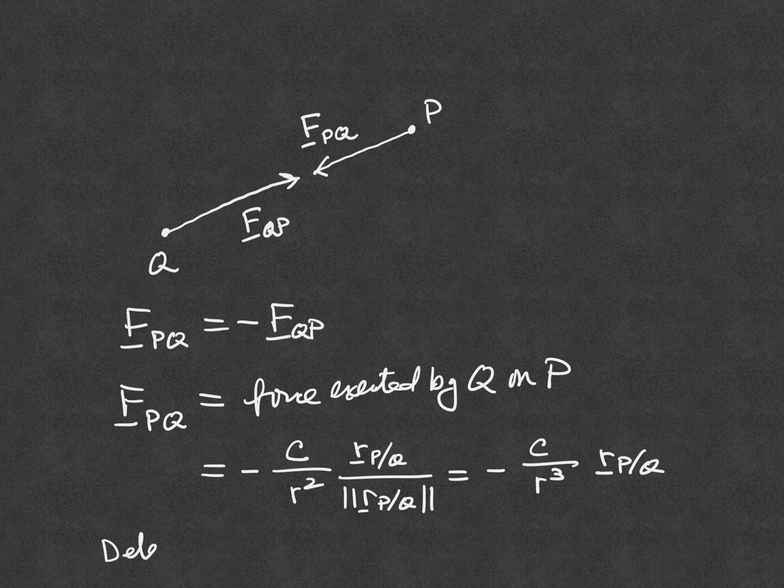So let's determine C. Well, it turns out that C is a constant that is proportional to the product of the two masses, and it's also proportional to a constant called G, which is Newton's universal constant of gravitation. And we'll put that on the next page.